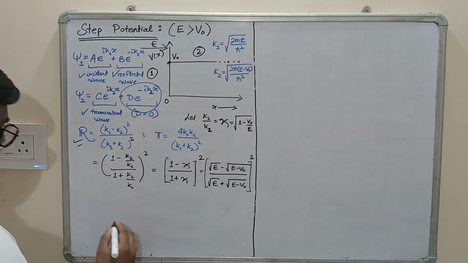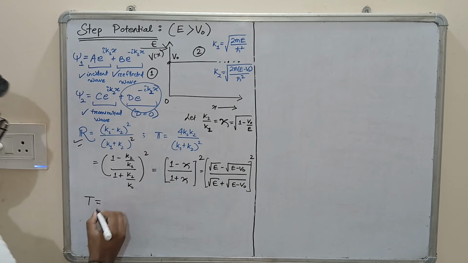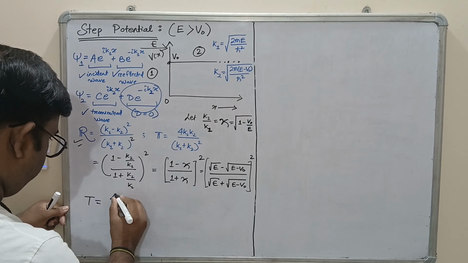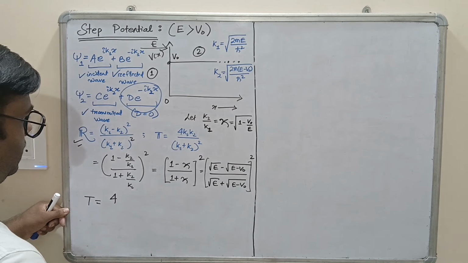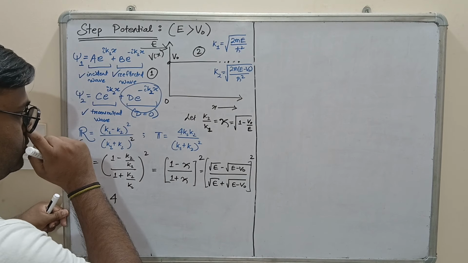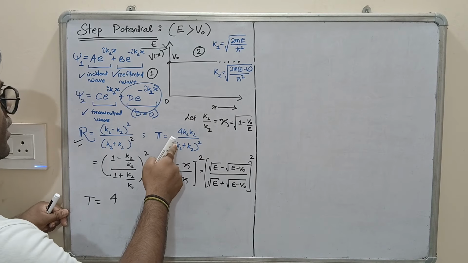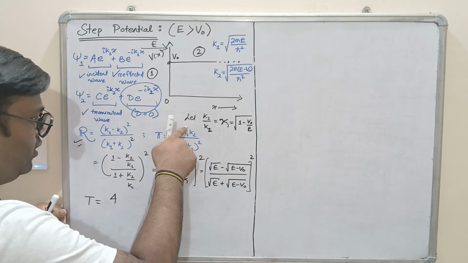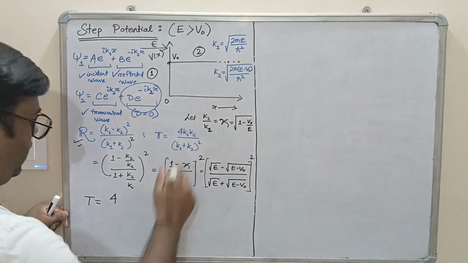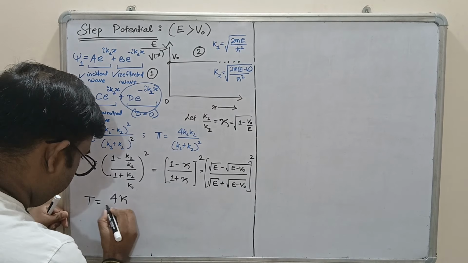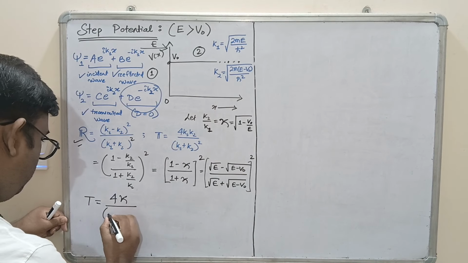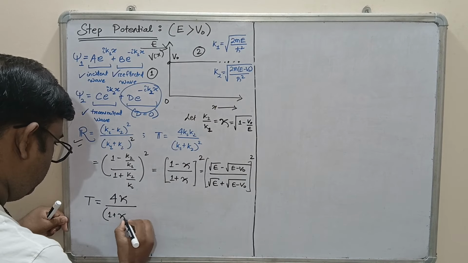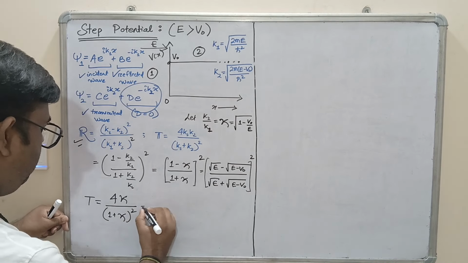Similarly, the coefficient of transmission will come out to be 4 over... Again, you can take k1 common here. If you take k1 common, it will be k1 square. This k1 square and k will cancel. This will be k2 by k1. This will be 4 chi over 1 plus chi square.